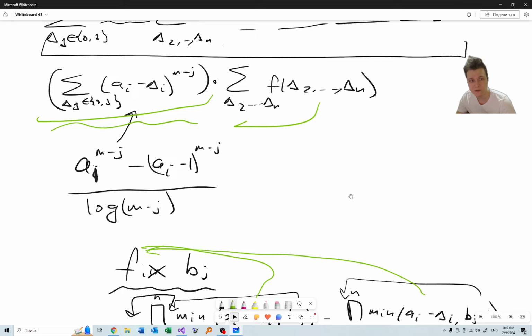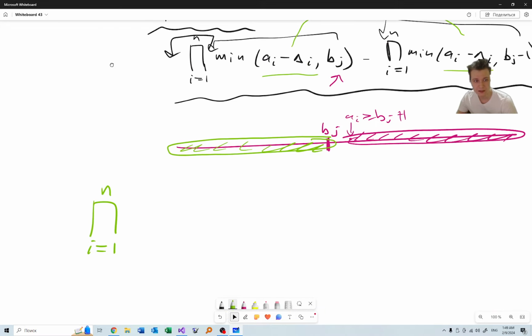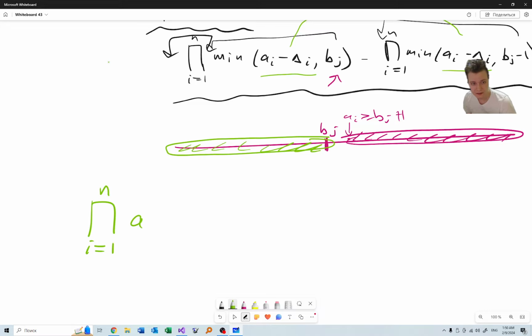So let's rewrite what we have in the end. First of all, for each i from 1 to n, we have ai to some power di minus ai minus 1 to the power of di.